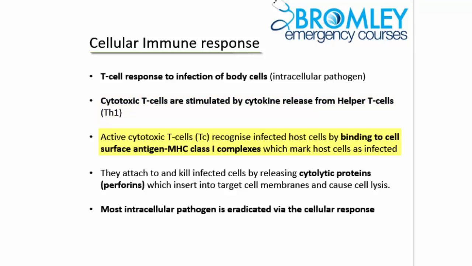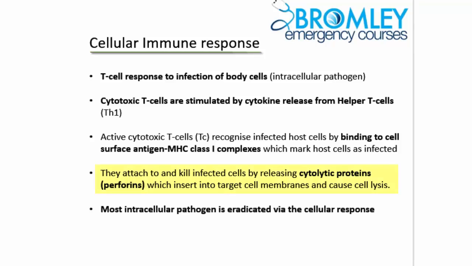Those active cytotoxic T cells are able to recognize infected host cells by binding to their cell surface antigen MHC class I molecules, and those antigen MHC class I complexes mark host cells as infected and therefore targets for cytotoxic T cell killing.